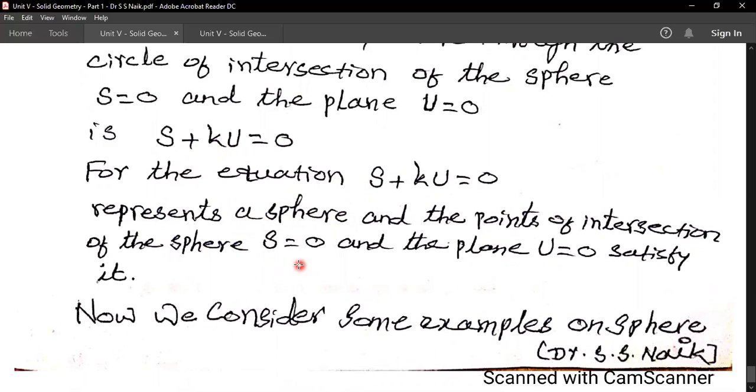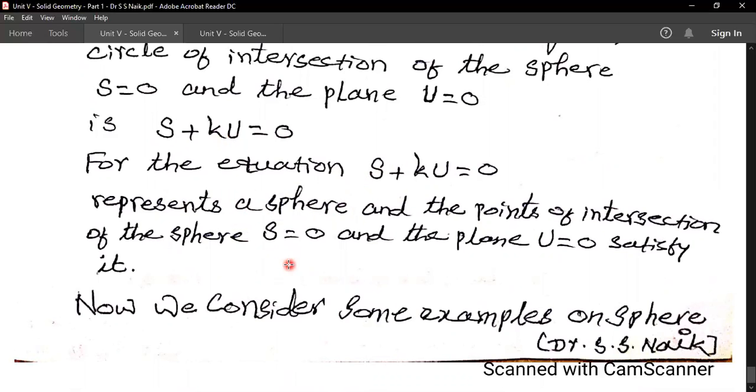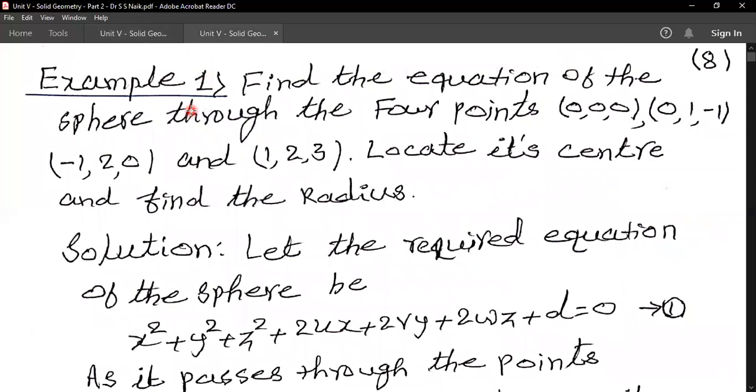Now we consider some examples on the sphere. First example, find the equation of the sphere through the 4 points (0, 0, 0), (0, 1, -1), (-1, 2, 0) and (1, 2, 3).